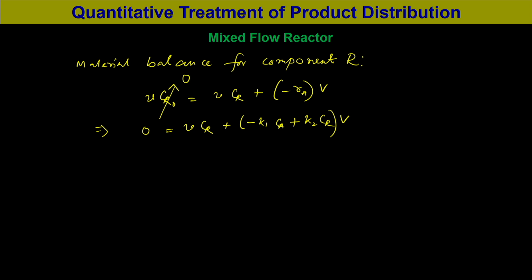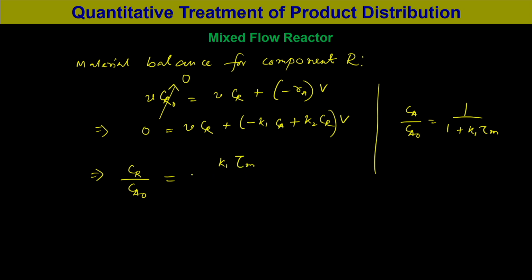So, now if we use this, CA by CA naught is equal to 1 by 1 plus K1 tau m, and if we simplify this, CR by CA naught would be equal to K1 tau m divided by 1 plus K1 tau m into 1 plus K2 tau m.